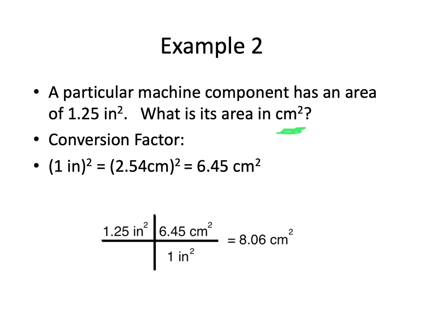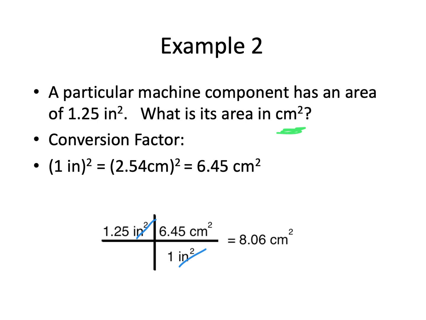Now, we started out with 1.25 inches squared. We want to know what that is in centimeters squared, so again, we're going to multiply by 1. And we know that this is equal to that, so 6.45 divided by 1, that's the equivalency for centimeters squared to inches squared. And again, this whole thing together is just multiplying this number by 1, but doing it in such a way that the units cancel.